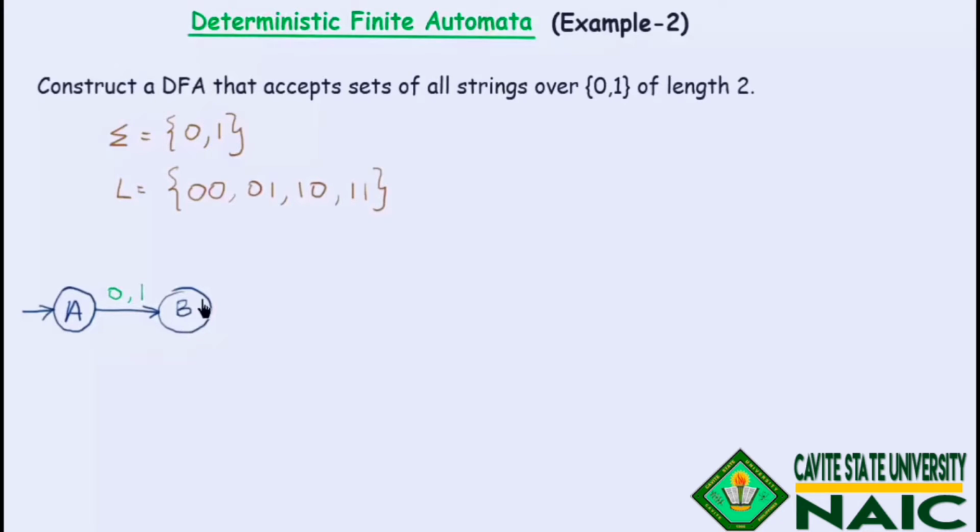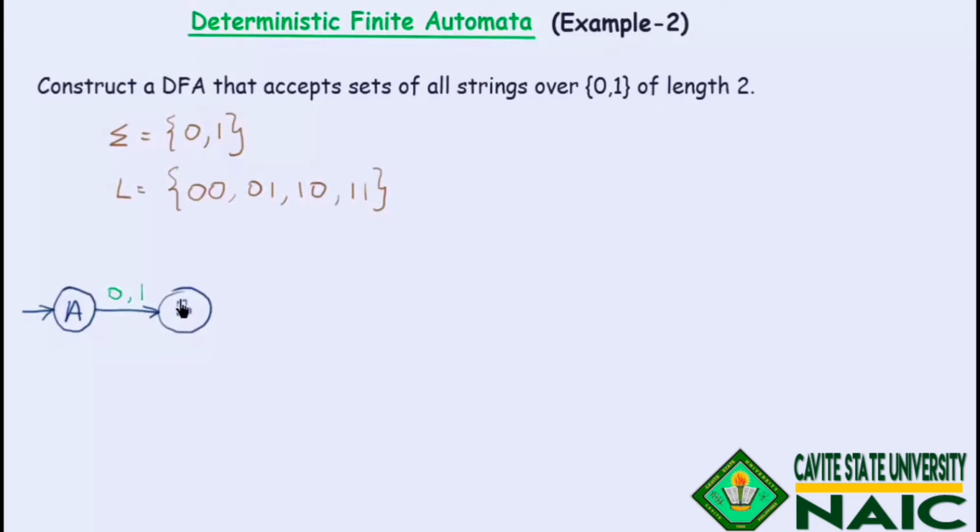Okay, so at this point, when I reach state B, what is the length of my string? The length of my string is 1. Why? Because I was in state A and I just came to the next state. First state, second state. So I just got input either 0 or 1, so the length of my string is 1.